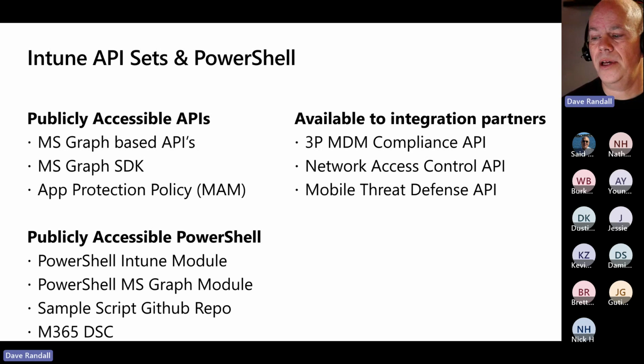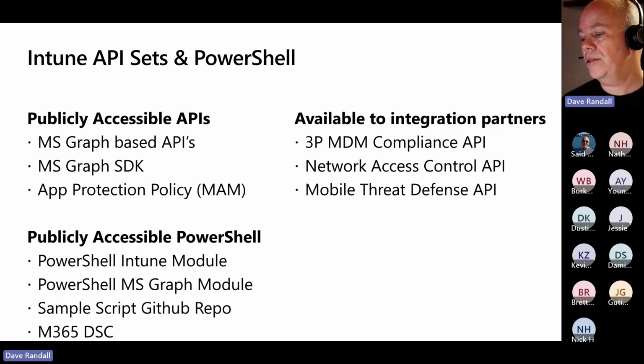So there is an API that VMware and others use to send over compliance state to Intune so that we can validate and update Azure Active Directory. You may have noticed there was a blog post that came out from VMware just in the last 2 or 3 days, where they now support shared device mode for conditional access, and that's via this API.